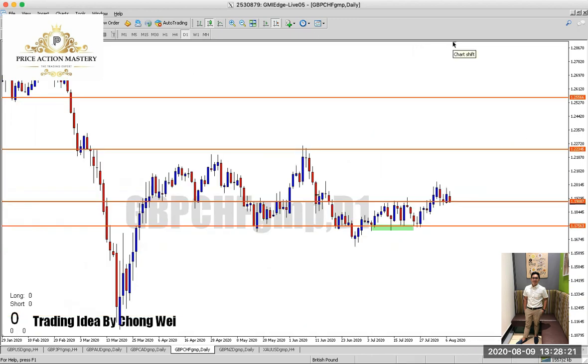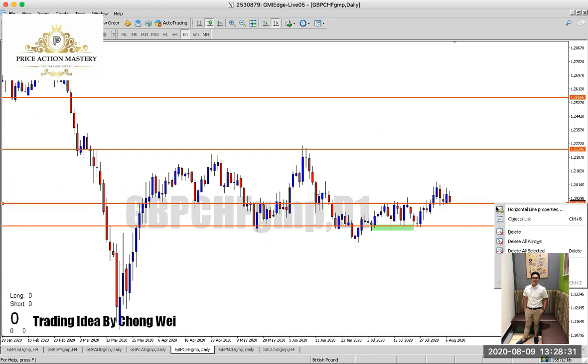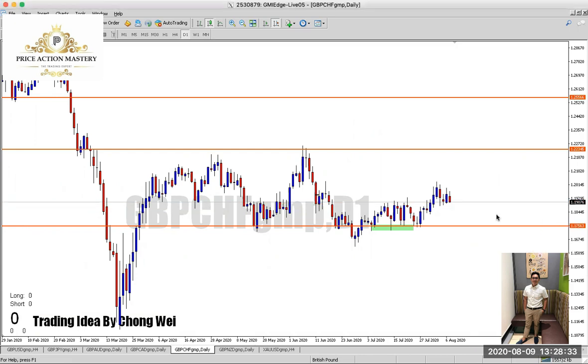For this, I'm seeing something. This is not a key line, but I'm seeing something like this. As you can see, there's a channel pattern.